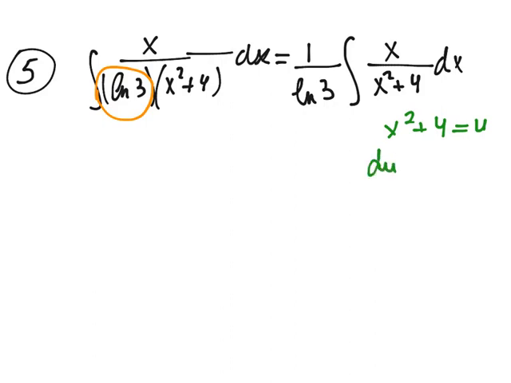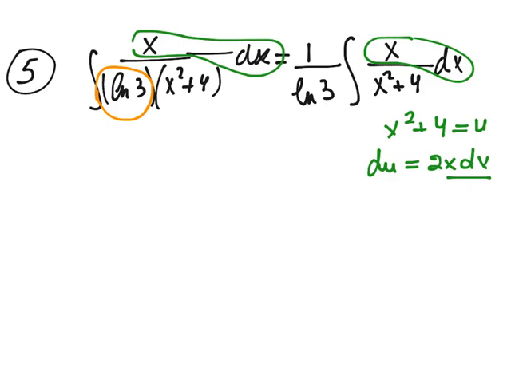So that would be du equals 2x dx. Now, if you compare your x dx part to this up here, you notice that x dx can always be replaced with 1/2 du. Perfect.